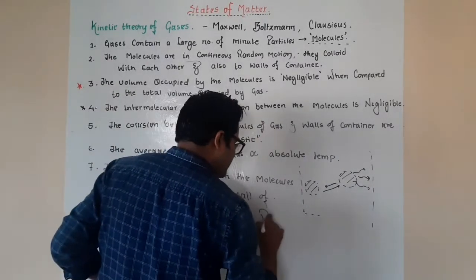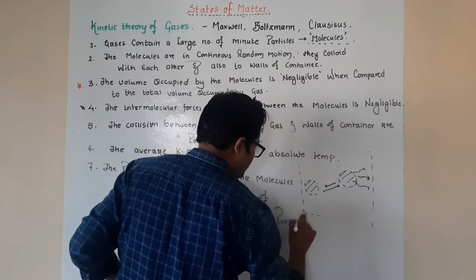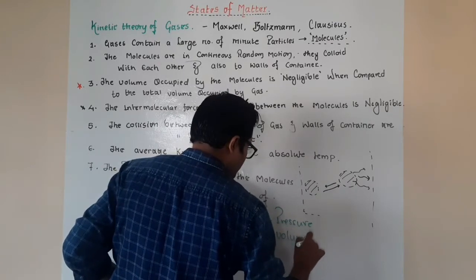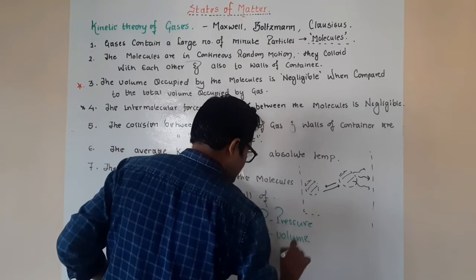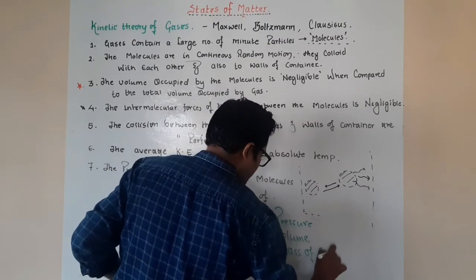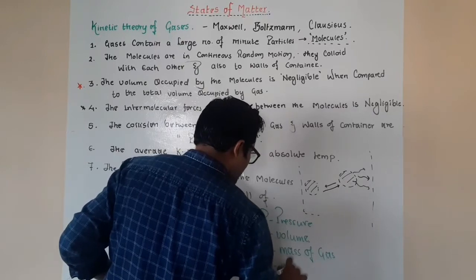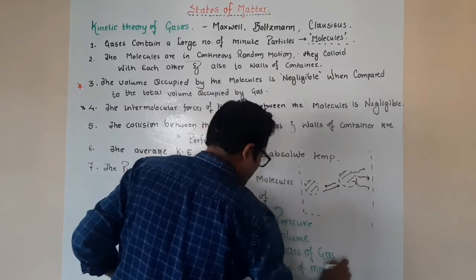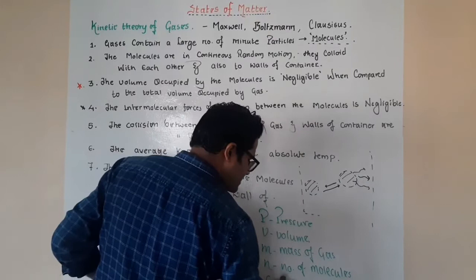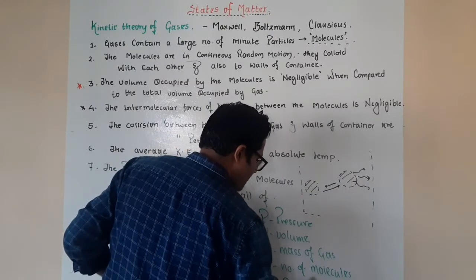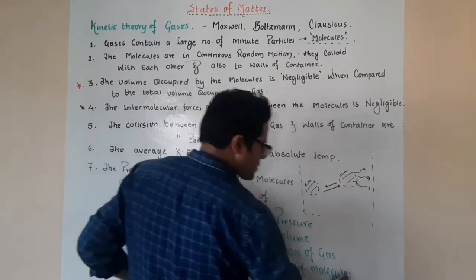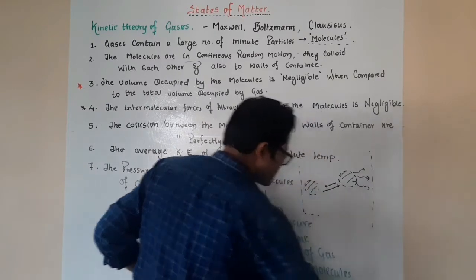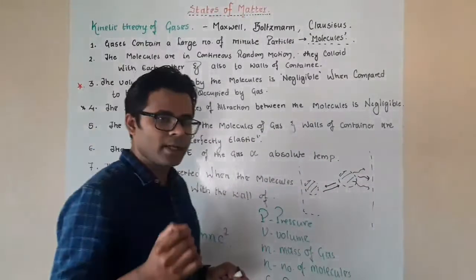Where P is nothing more than the pressure of the gas, V is the volume, M is the mass of gas, N refers to the number of molecules, and finally what we have is C. C is the root mean square velocity. So remember, C is root mean square velocity.